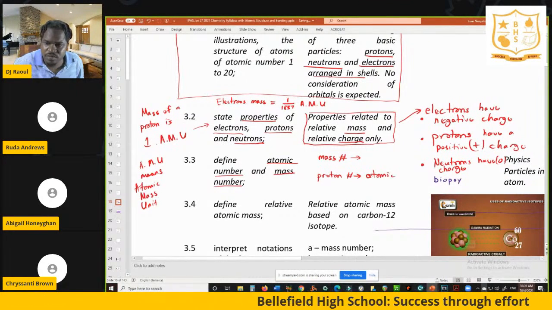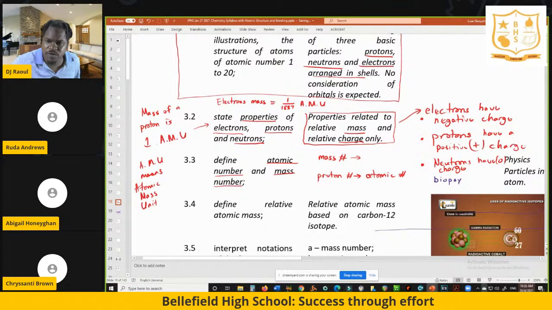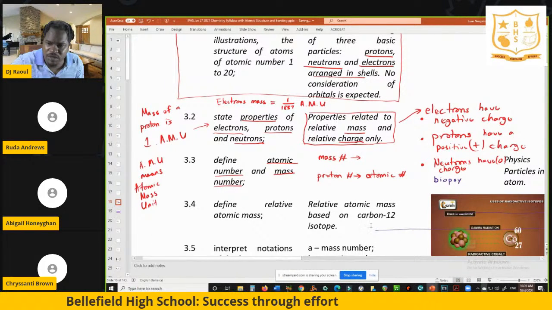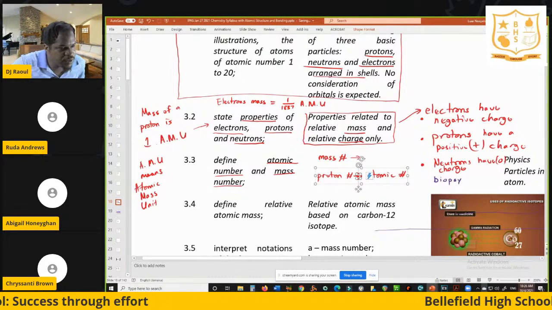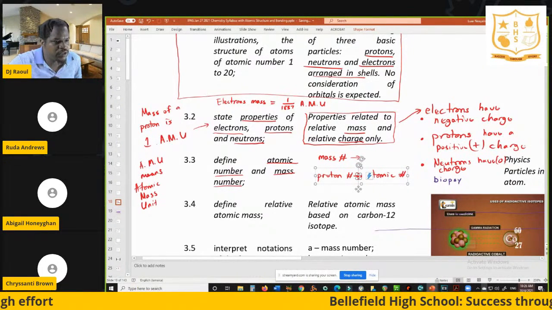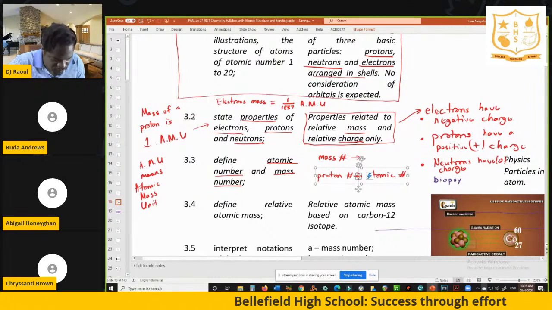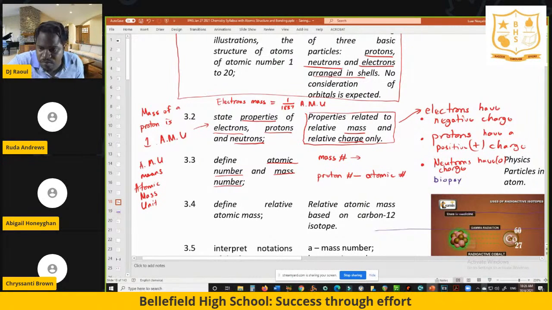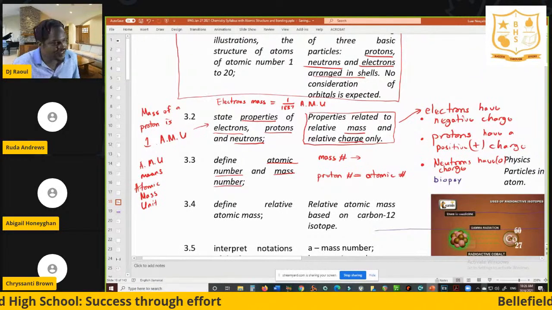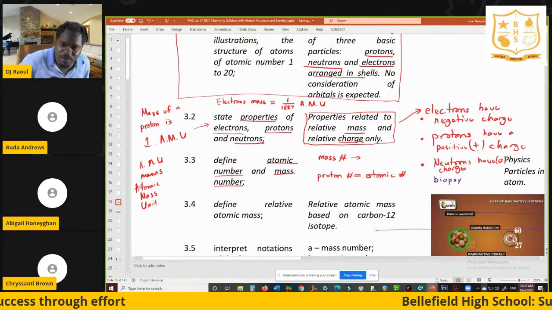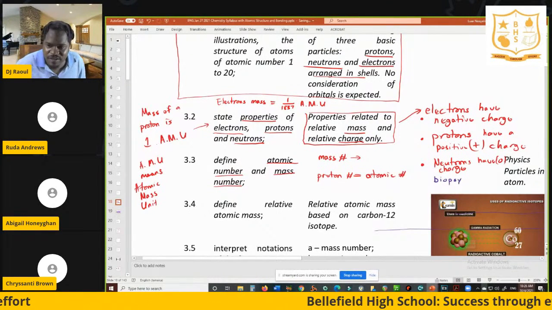All right, so proton number is the same thing as atomic number. That's the first definition. Chrisanti, you were saying something else? No, sir, the same thing. All right, cool.